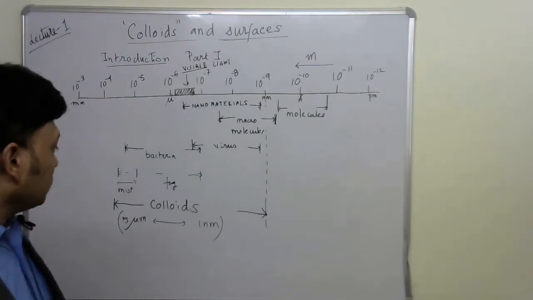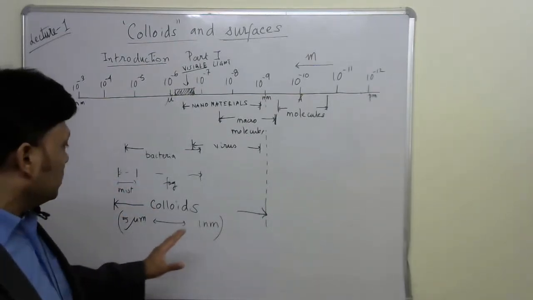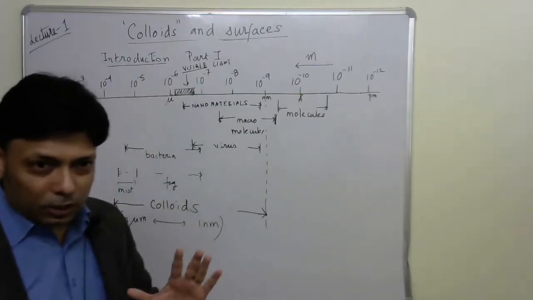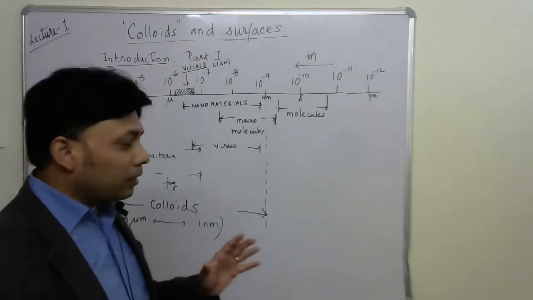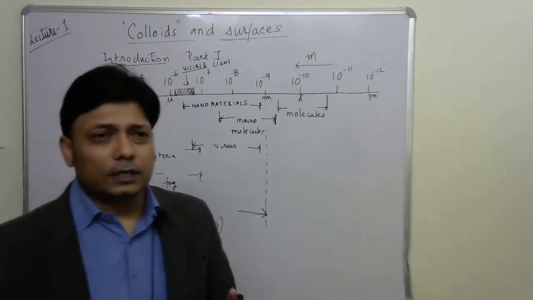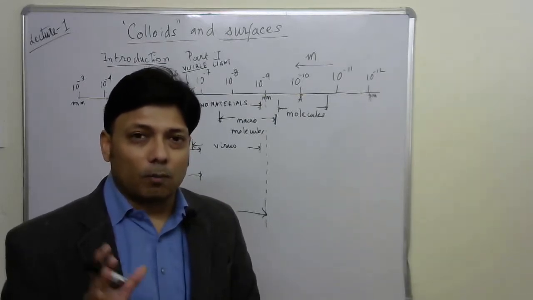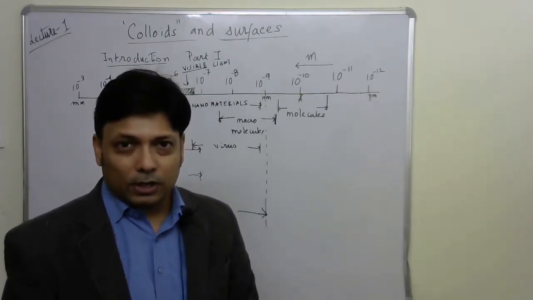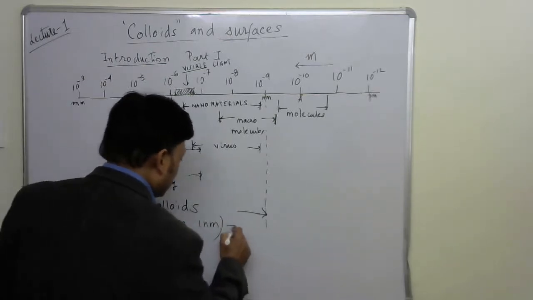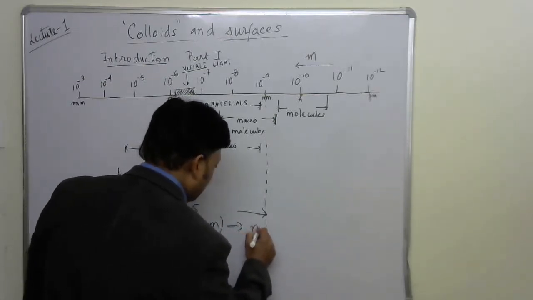So from this size range, one thing is very clear to us: colloidal particles are basically nanoparticles, submicron particles, or microparticles.